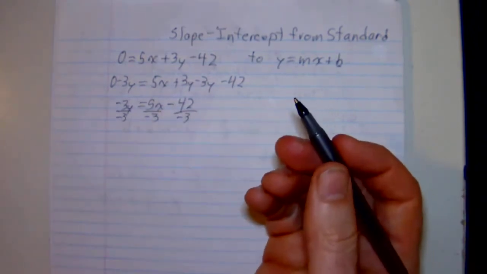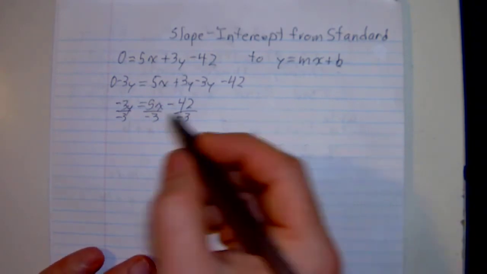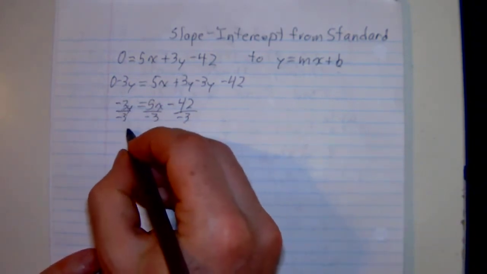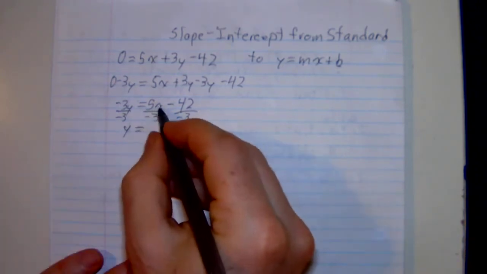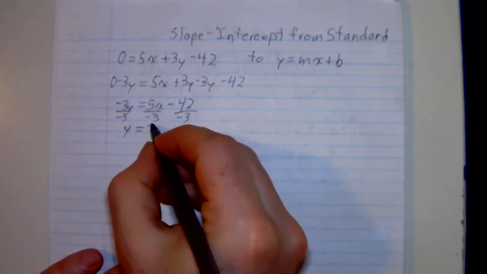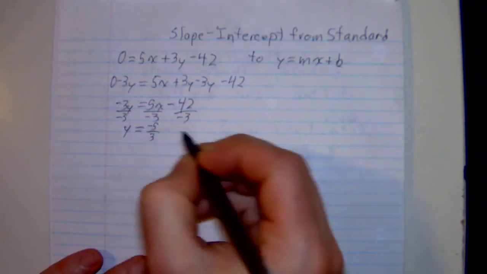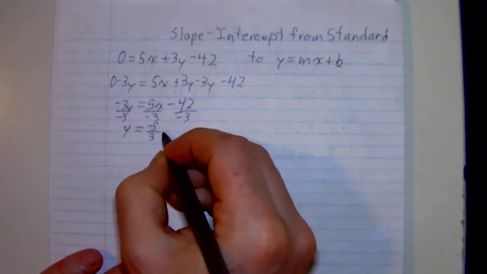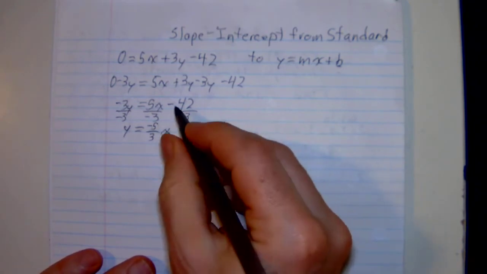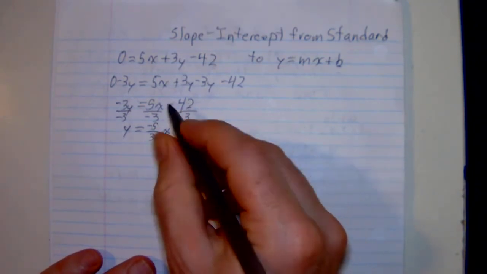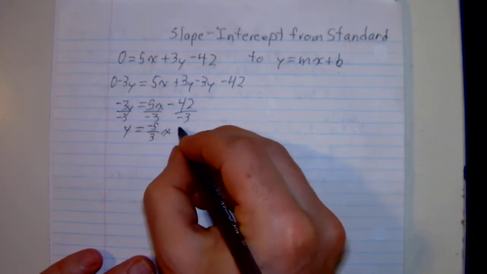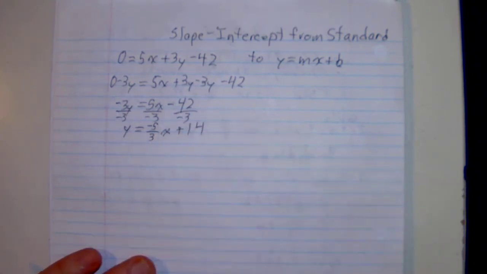So I'm dividing everything, both sides, by negative 3. Negative 3 divided by itself is 1. 1 times y is y. 5 divided by negative 3, well, we can move the negative to the numerator of the fraction, so we get negative 5/3 x. And then 42 divided by 3 is 14. Negative divided by negative is positive, so we have plus 14.